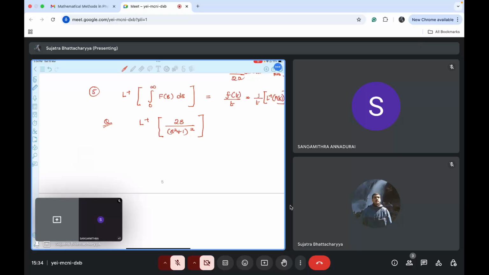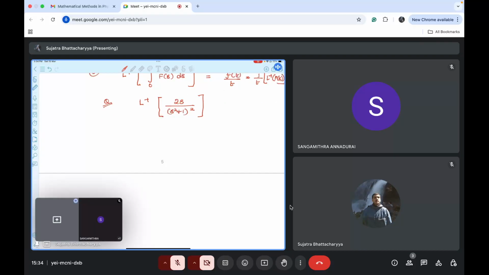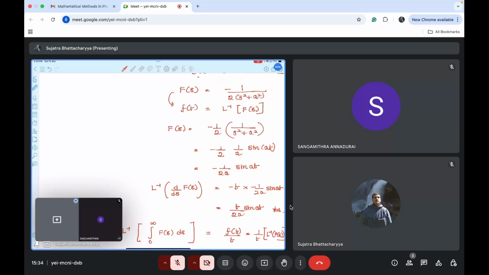Then, if this is what you have to find, you can reduce this to something like t times L inverse of the integral from 0 to infinity of 2s upon (s square plus 1) whole square ds. Why am I writing t times L inverse? Based on the previous property.